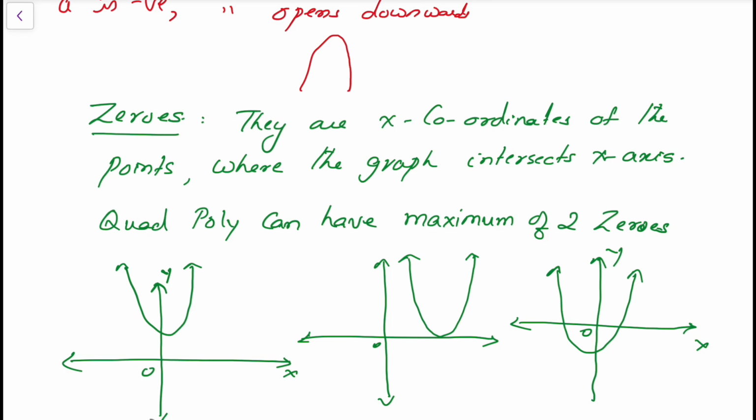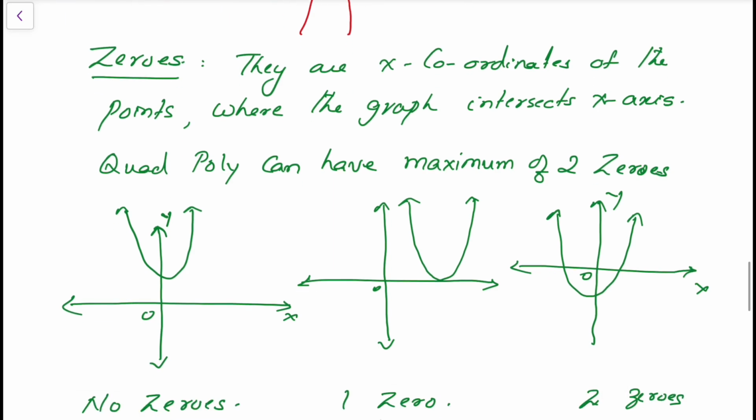Coming to the zeros, the graph can either touch the x-axis at one point, or at 2 points, or it may not touch the x-axis at all. The zeros, as I already told, are the x-coordinates of the points where the graph intersects the x-axis.